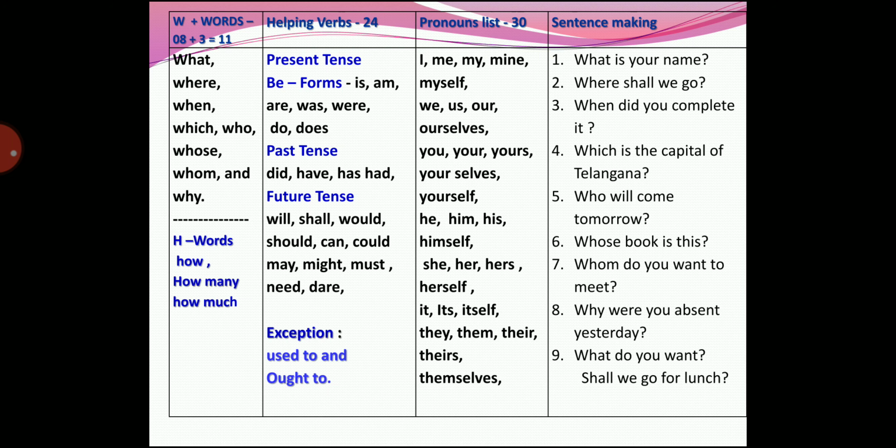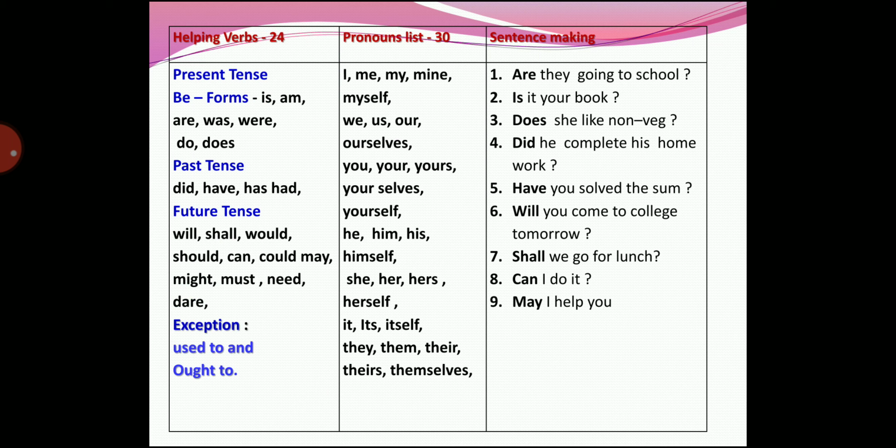Now next one is without W words: helping verbs 24, pronouns and sentence making. These 24 helping verbs can act as interrogatives also. So in the part of communication, you have to create as many interrogative questions as possible, based on present, past, and future.